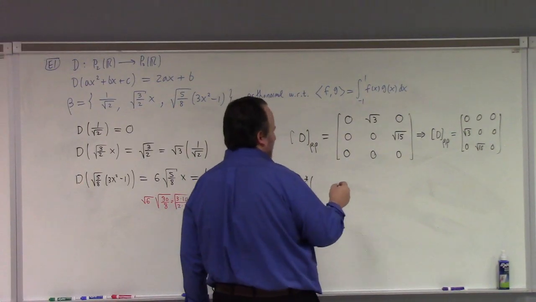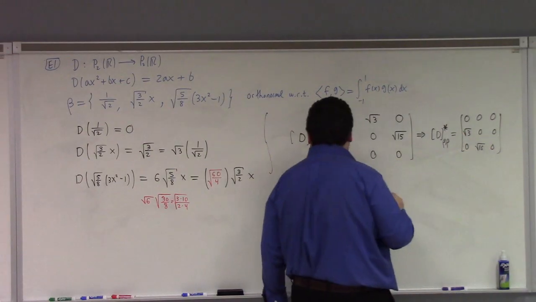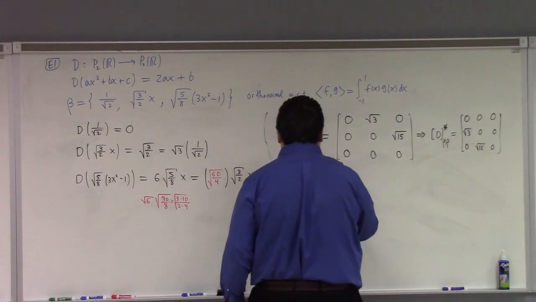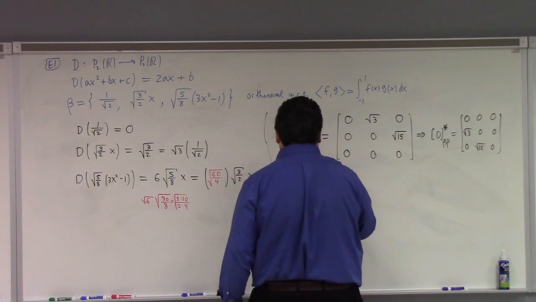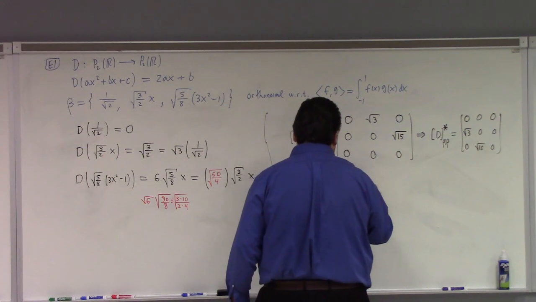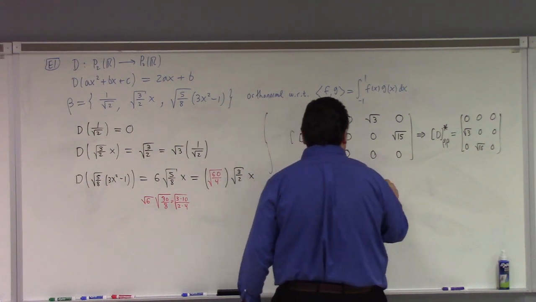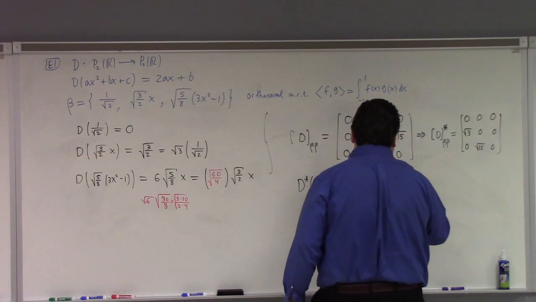All right, so D star of, well, I guess I can write down the formula for ax squared plus bx plus c, but it'll take me a minute. So this is like a times D star of x squared.